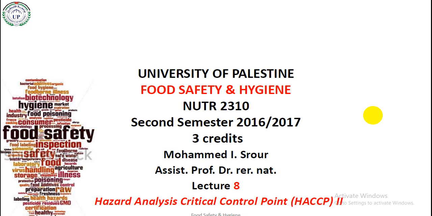The first one, as we mentioned in the last lecture, is hiring policy. Hiring policy should be clear and transparent and without any corruption. Each person should be in the right place. Otherwise, especially in food safety and hygiene, a catastrophe will occur.